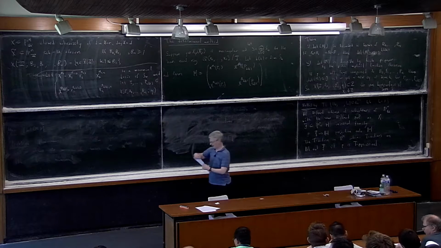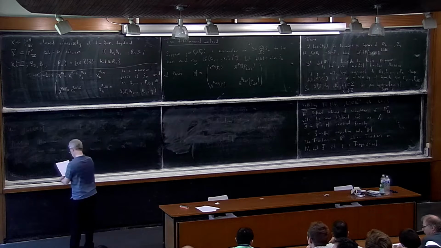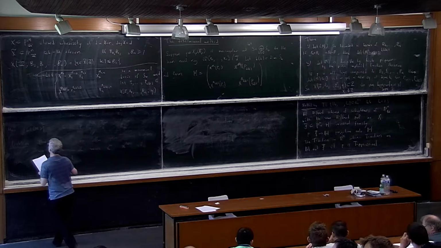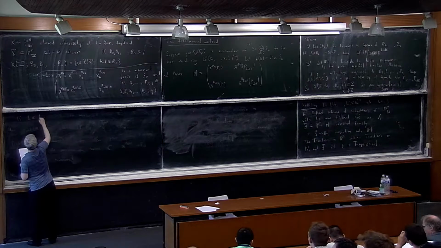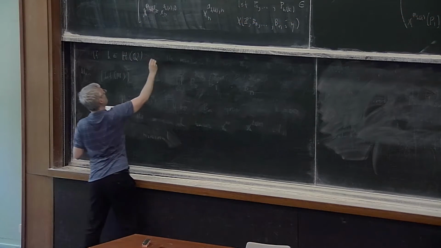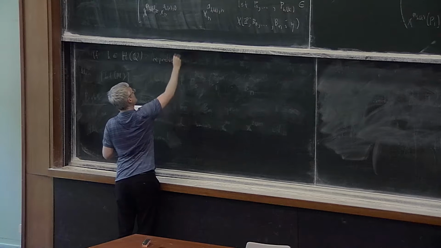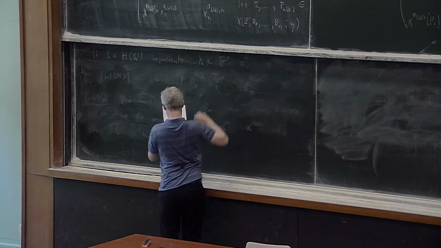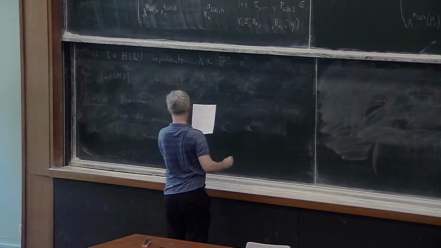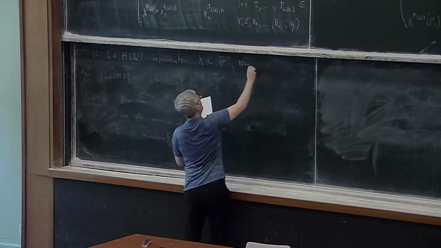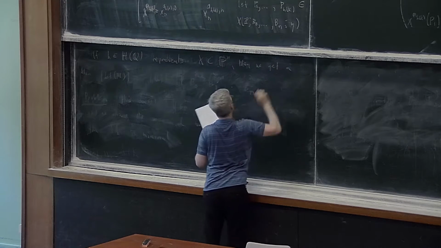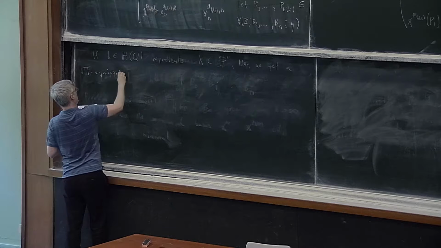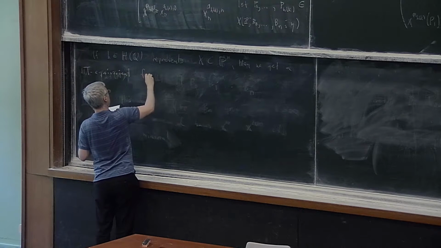So okay, now I do the following. I fix a point: if H in the Hilbert scheme represents X in Pn, then we get a T equivariant family.